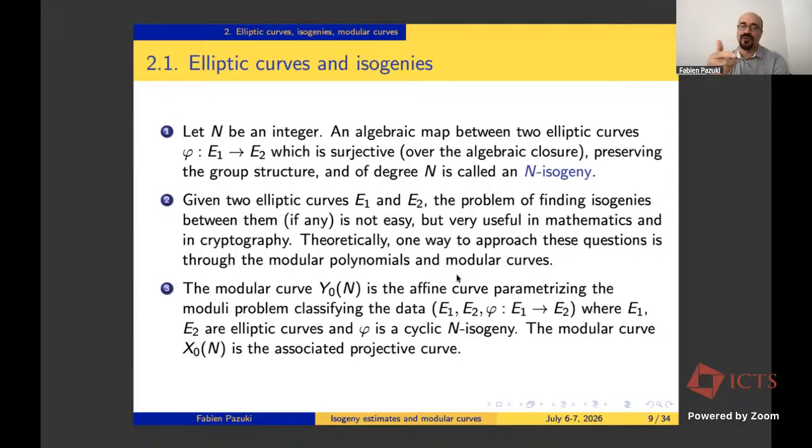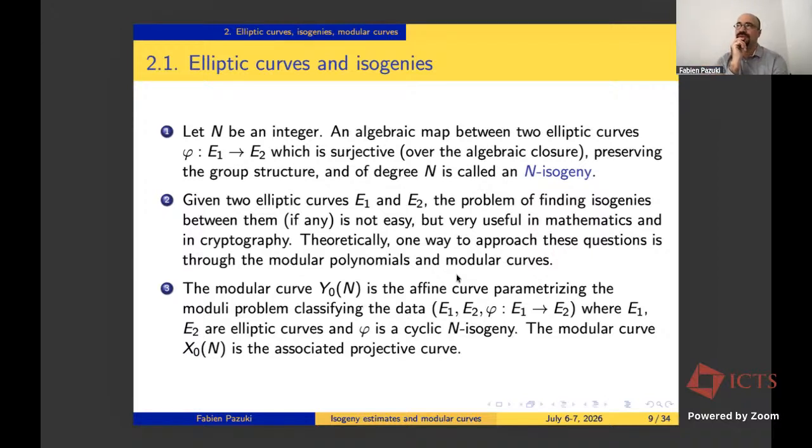You know the structure of n torsion on elliptic curves, at least it is a classical result. Over the complex numbers, it's maybe easier to describe. If you use uniformization, you can see that it's really Z over nZ cross Z over nZ.